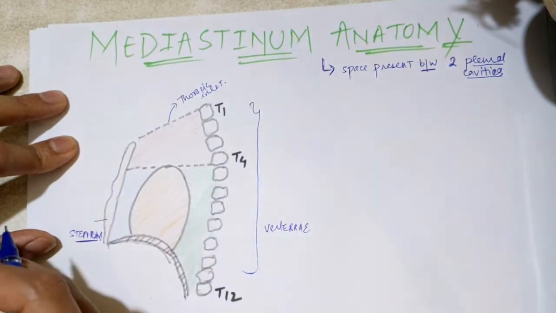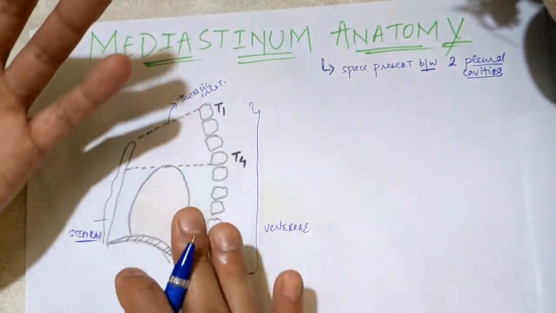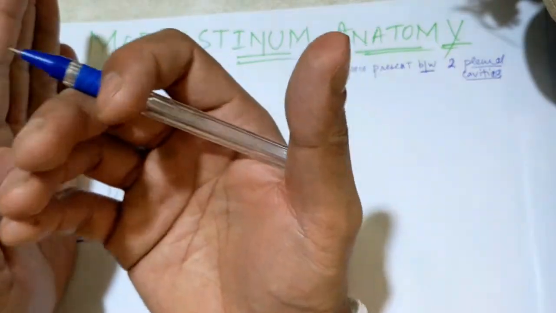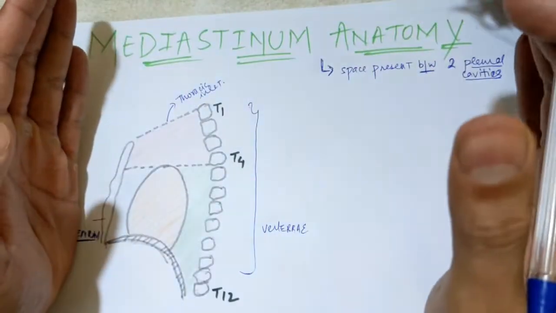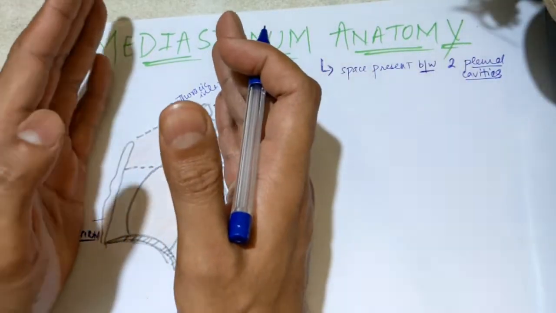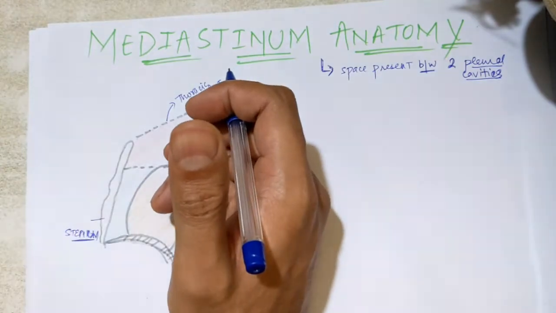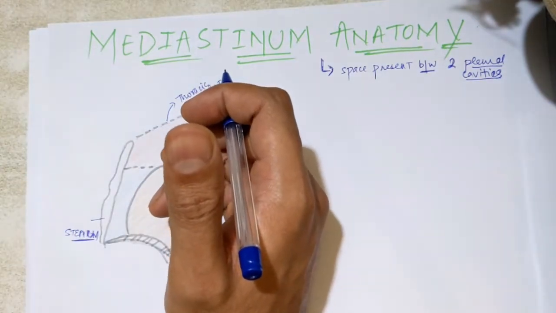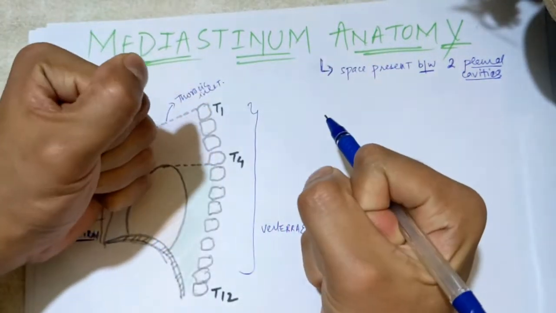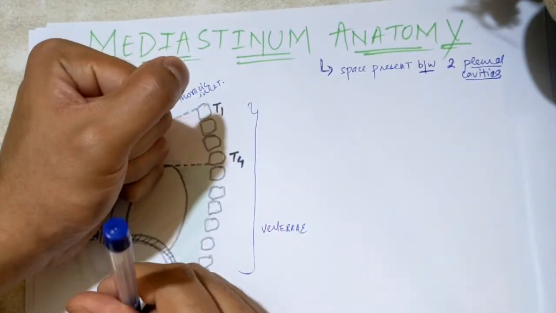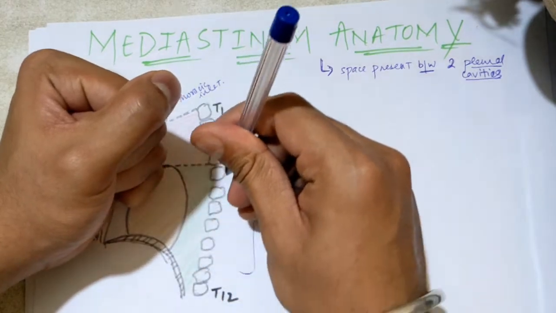The sternum is anterior, you know that, and just lateral to them there are lungs. So it is the space just posterior to your sternum, from anterior till the vertebral column. It is present like a transverse line from the sternum till the posterior side, the vertebral column. It is the space present between two lungs, going from the anterior side to the posterior side.